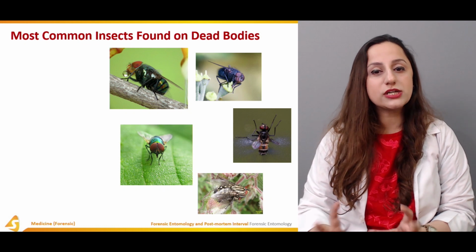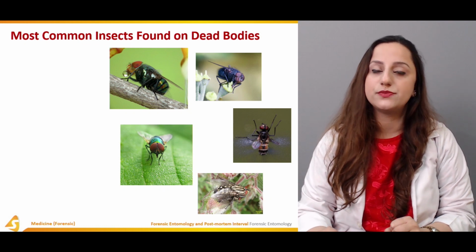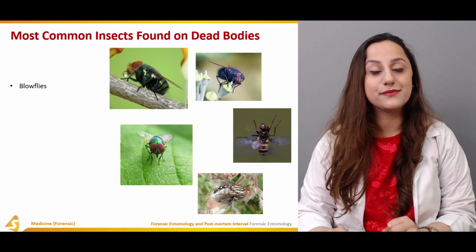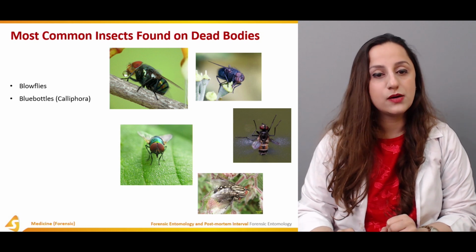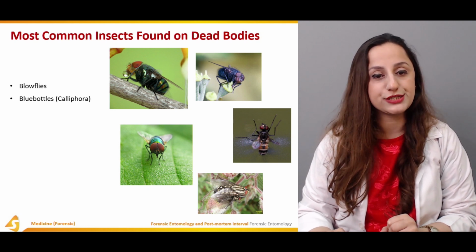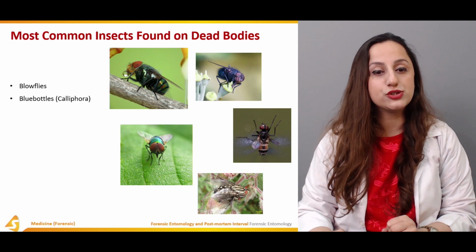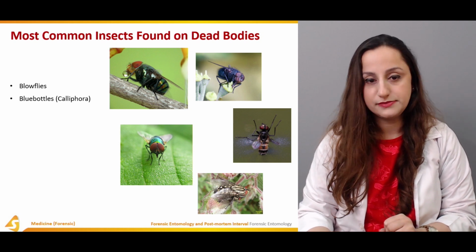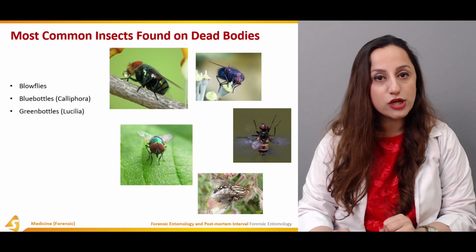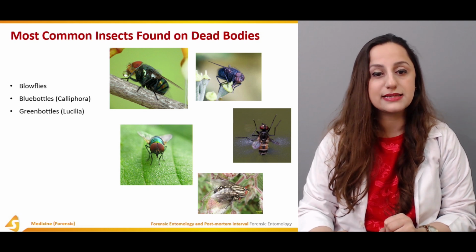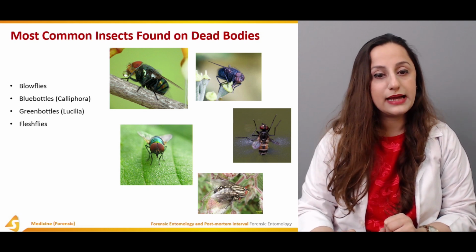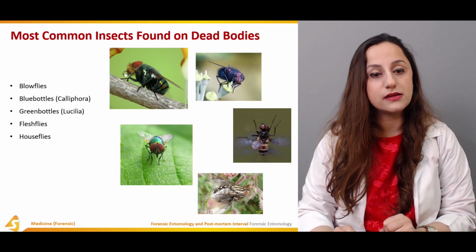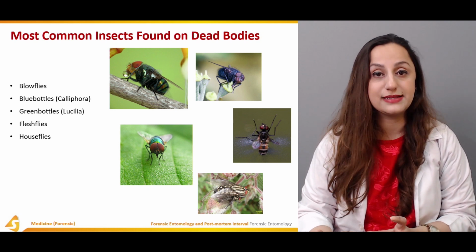Now, commonly, what insects are found on dead bodies? There can be blowflies. Moving on, there can be bluebottles, biologically named Calliphora. Then there are greenbottles, biologically known as Lucilia, and the flesh flies, and lastly, the houseflies.